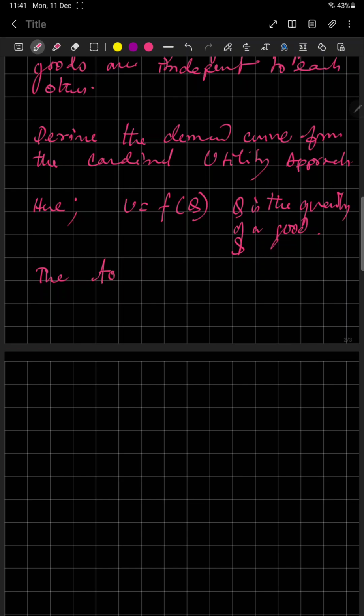The total utility function is concave to the quantity axis.